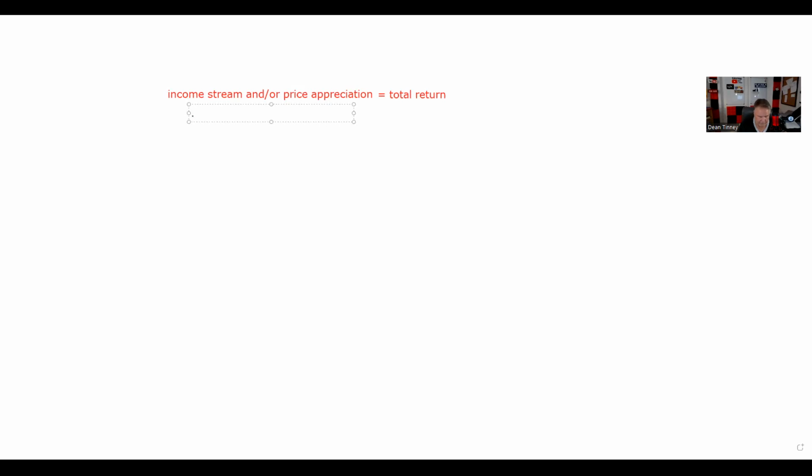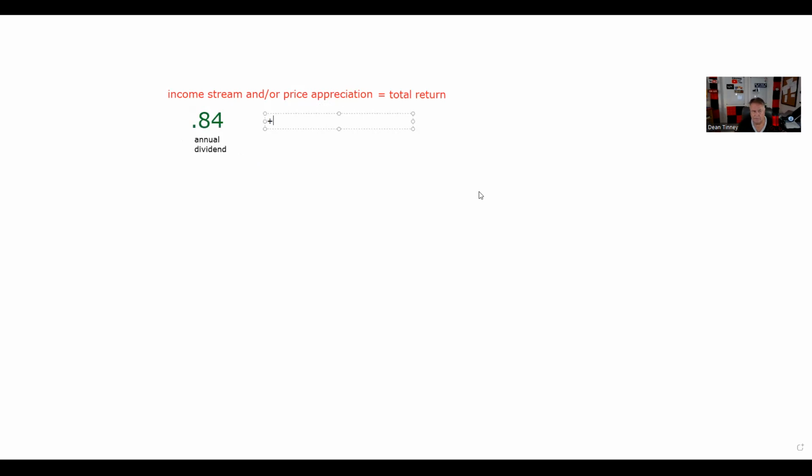So if you own Bank of America stock, you're going to make some money from the dividend of 84 cents. And then hopefully you would also hope to make money from the stock going up, right? So there's two ways you can make money. You can make money from that annual dividend, and then hopefully you can make money from price appreciation.